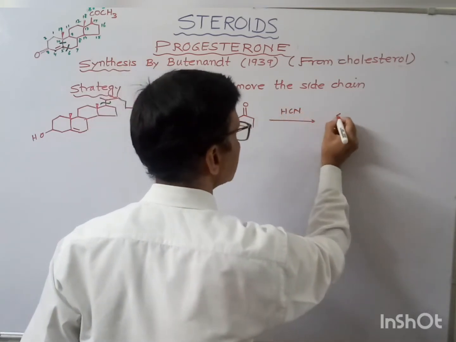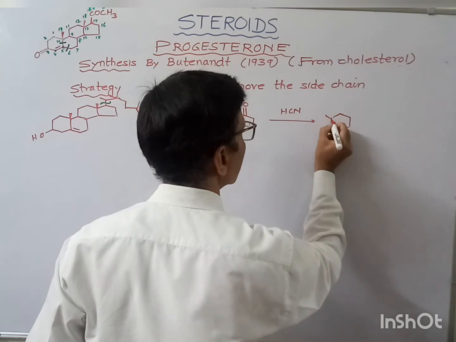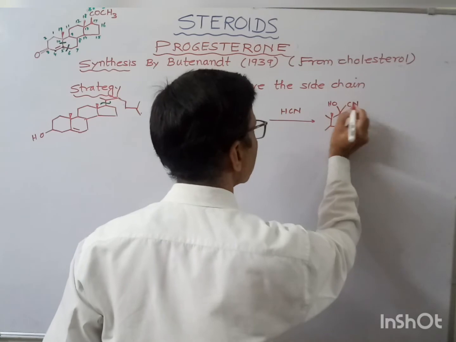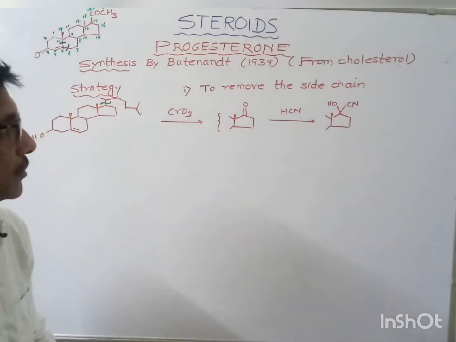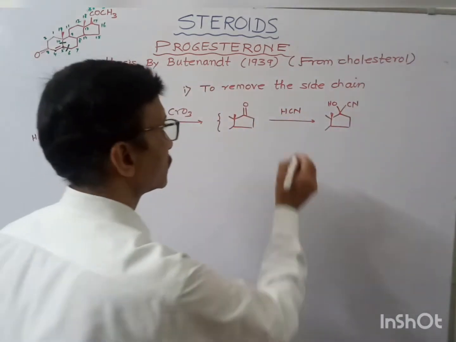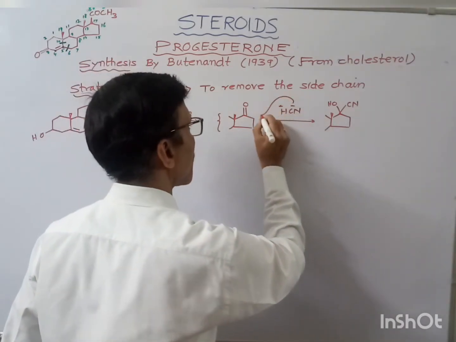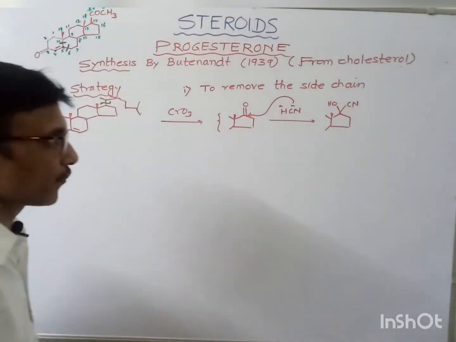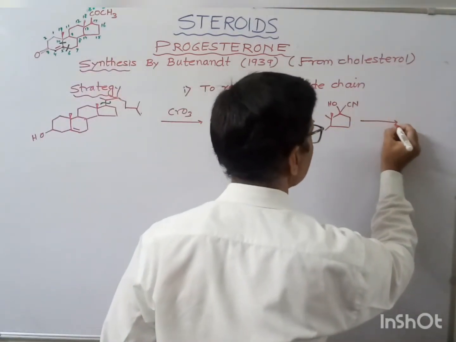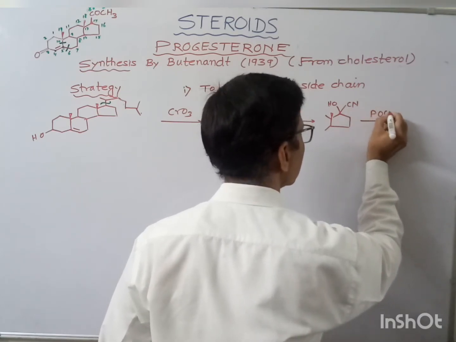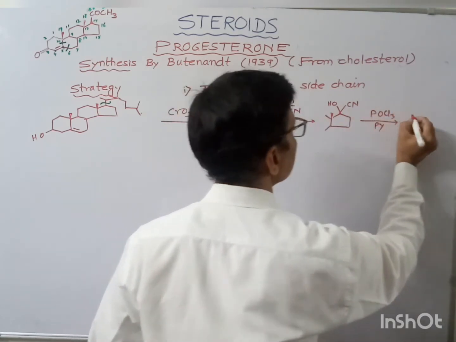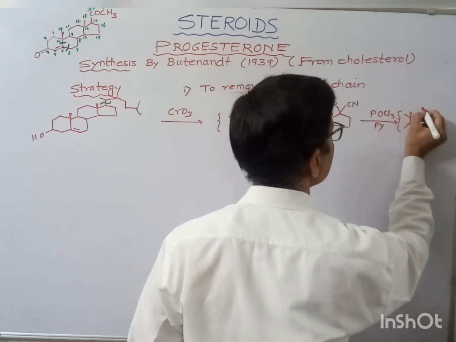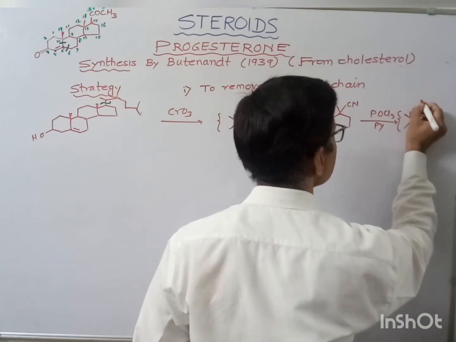If we treat it with HCN, then that would be converted into OH and CN. Now finally, in the presence of POCl3 and pyridine, dehydration will occur, and that will give you the CN.